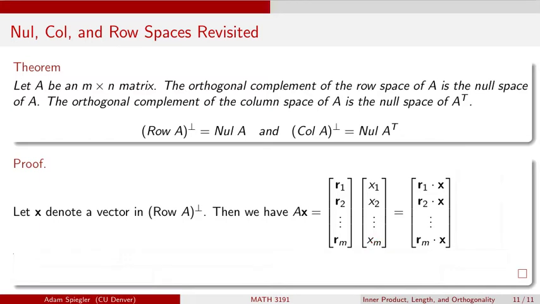So this product of A times x I can write as row 1 inner product with x, row 2 inner product with x, all the way down to the last row, which would be row m inner product with x.